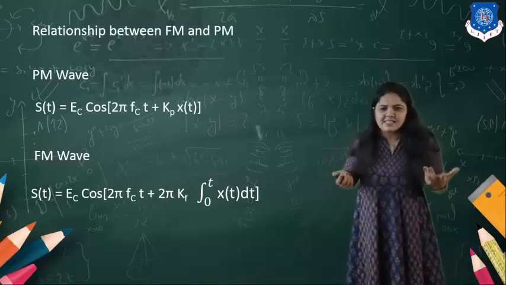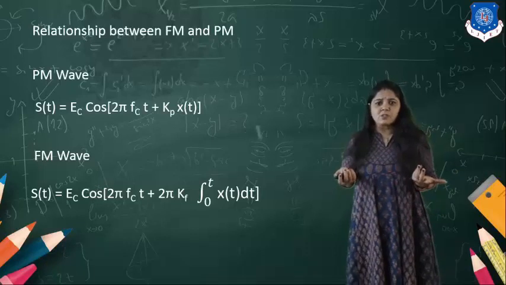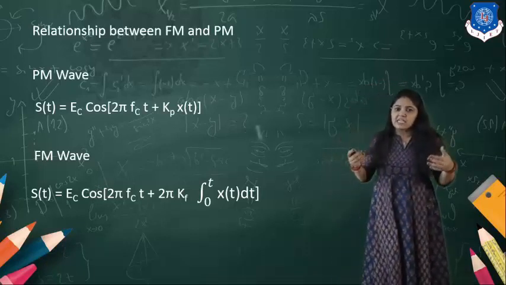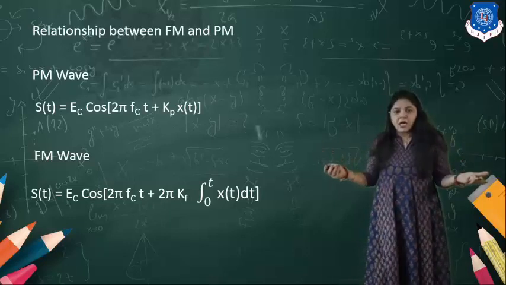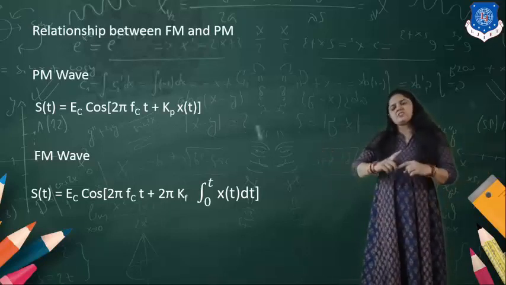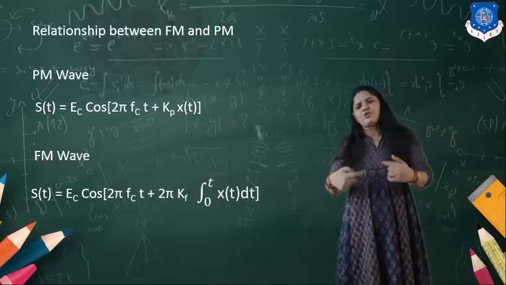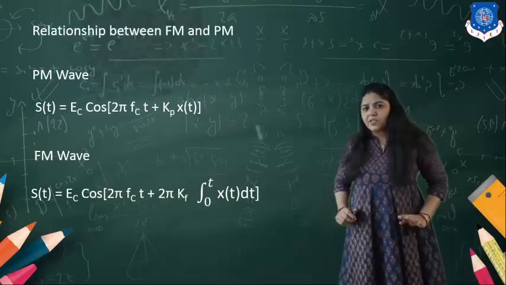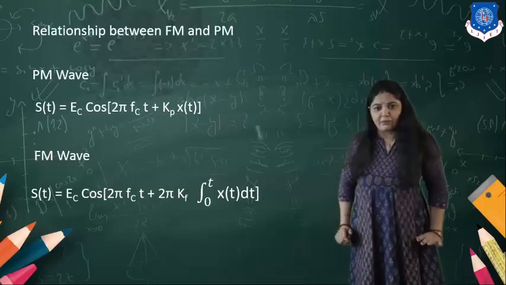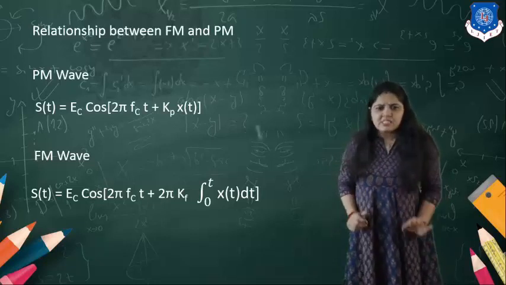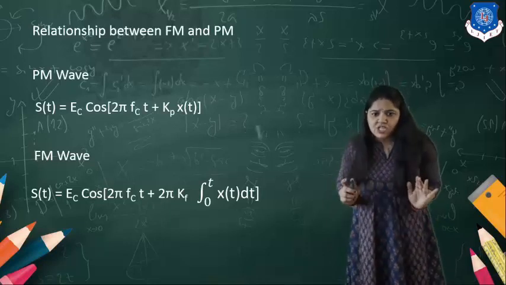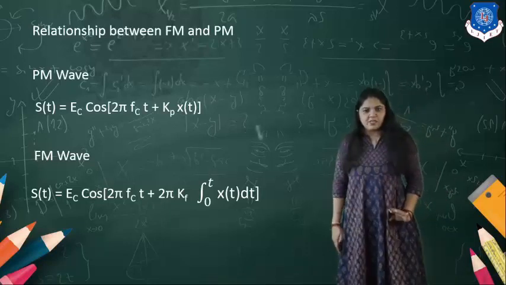Again, if the frequency is greater than 1 megahertz, the crystal oscillator is not producing a stable frequency. But right now we are not putting stress on that part and we are considering selecting the crystal oscillator for generating the constant frequency.